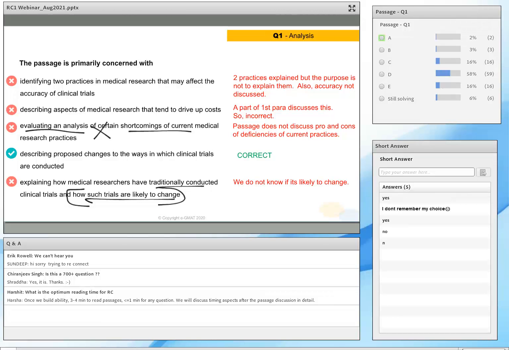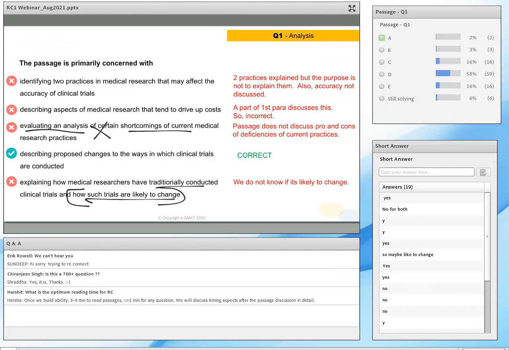Let me broadcast the result. No, right? The passage does not say anywhere that they are going to accept it. It's just still at the proposal stage. FNM says this, FNM proposed this, FNM proposed that, and then FNM gives its arguments for every suggestion or every point of suggestion that they have made. That's about it.